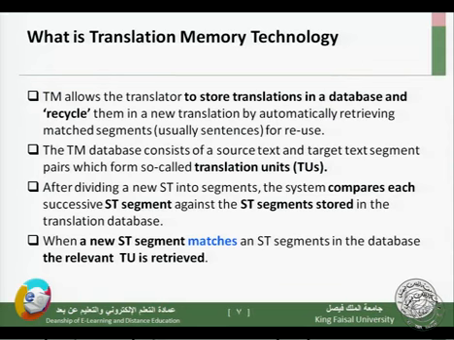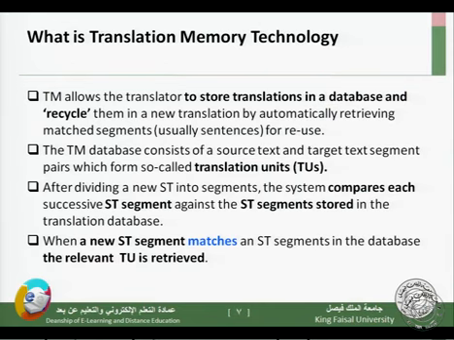Now you have source text and target text in the system, okay? And you want to translate a text here. Now you take this text, or the program takes this text and compares it with the source text and the target text, and sees whether they match.